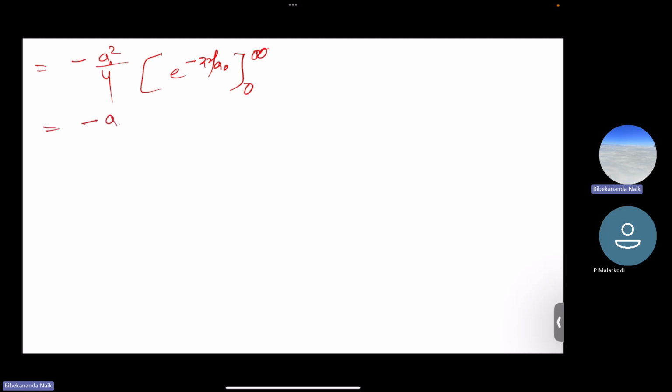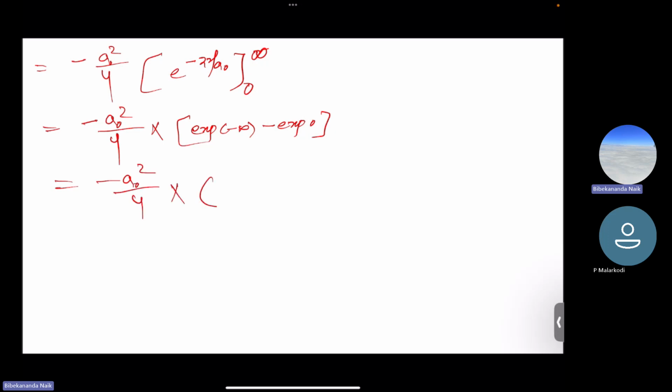Then minus a0 square by 4 into exponential minus infinity minus exponential 0. So it will be minus a0 square by 4 into 0 minus 1. So it will be a0 square by 4.